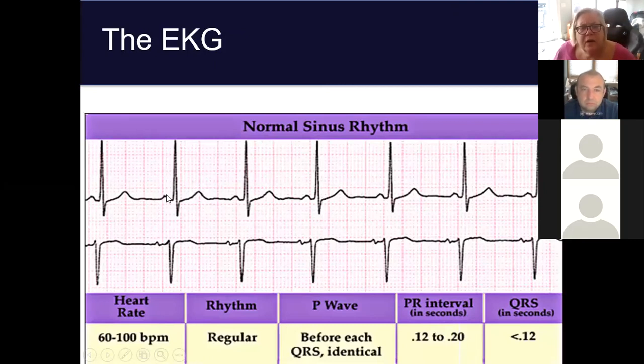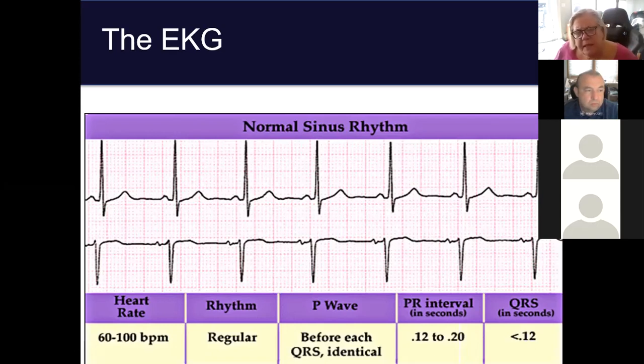Then we want to look at our P waves. And we look here, and we've got a P wave for each of the QRSs. That's always a better option than not. We can measure our PR intervals and our QRS intervals. So in normal sinus rhythm, the heart rate is going to be between 60 and 100 beats per minute because the SA node is the leader.